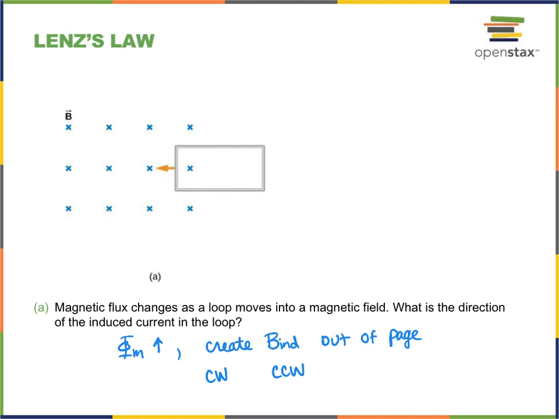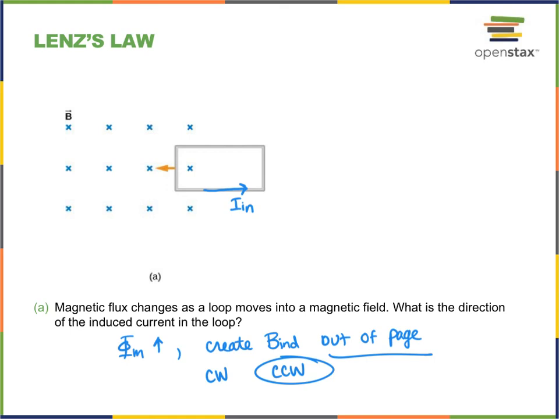Just try maybe the bottom. If I try this direction of induced current, put my thumb in that direction, I notice that above my thumb, my fingers are coming out at me, and that's the direction that I wanted, and so I end up picking counterclockwise.